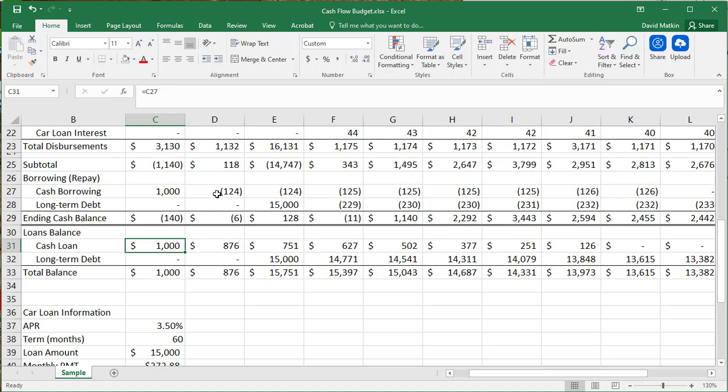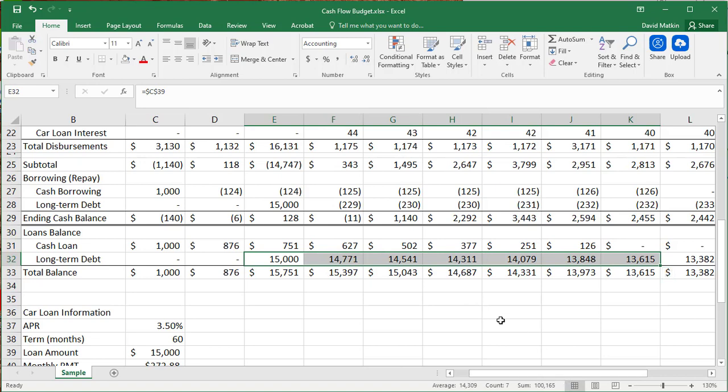That's certainly a rounded number, and that means that our principal is that $1,000 minus $124, this amount, $876, that's still outstanding by the end of February. And then here it is in March, April, May, and we actually pay off the loan. Here's the last month we make a payment on the cash loan, but we've been paying this car loan over a long period of time.